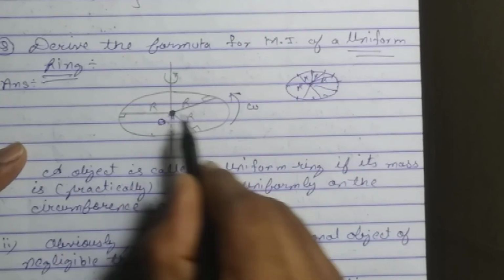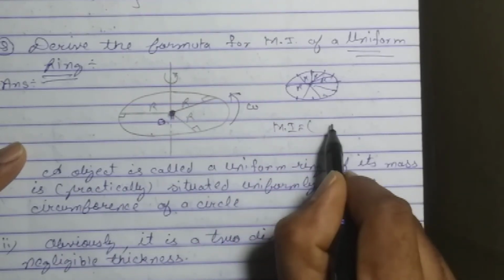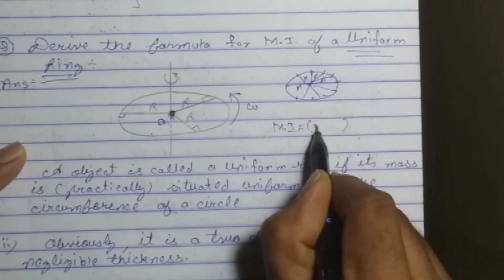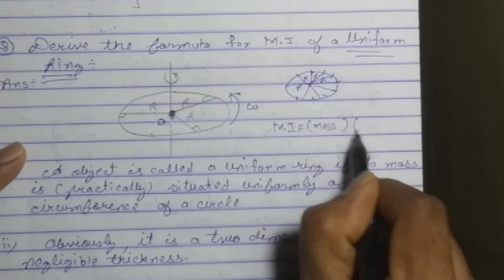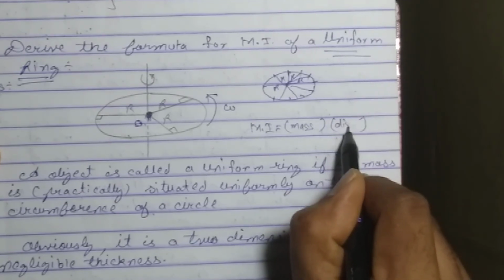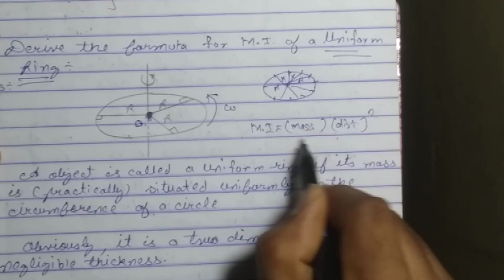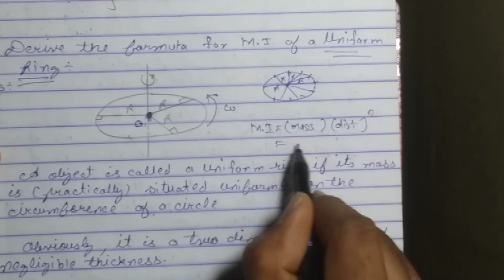So according to the definition, the moment of inertia is what? Mass into distance square. But the mass means the point where the entire mass of the ring is concentrated.